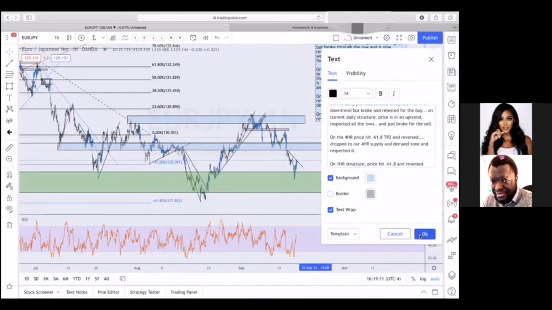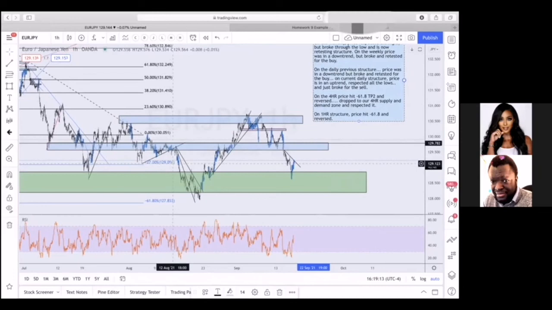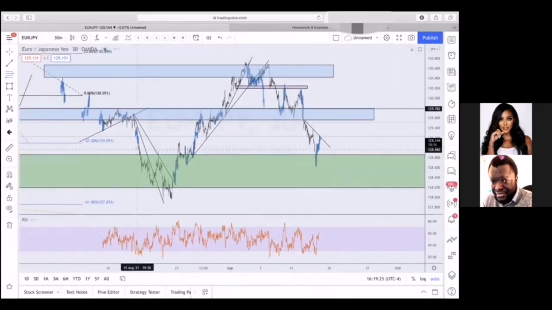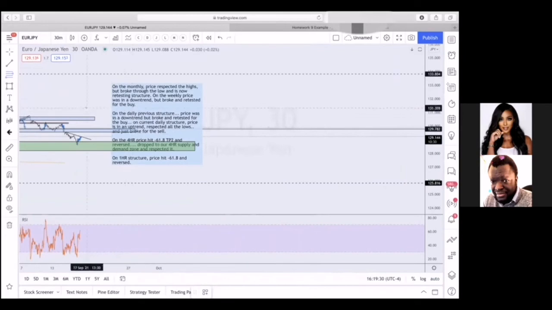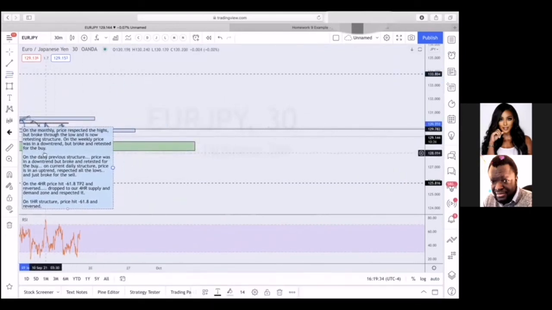All right, now these were all fibs inside of here. So literally I had a fib, they were all up inside of here. Let me go to 30-minute structure. Pull my box down.